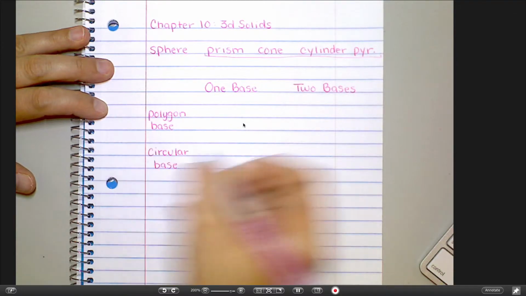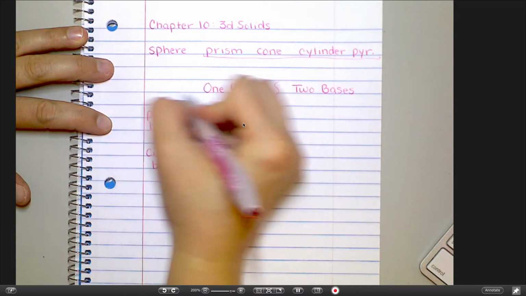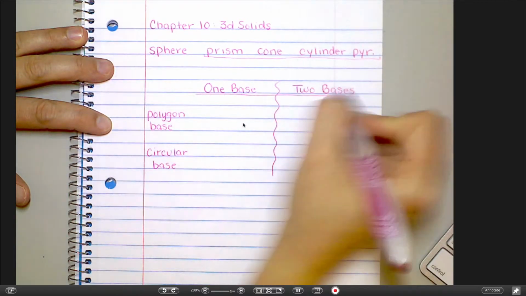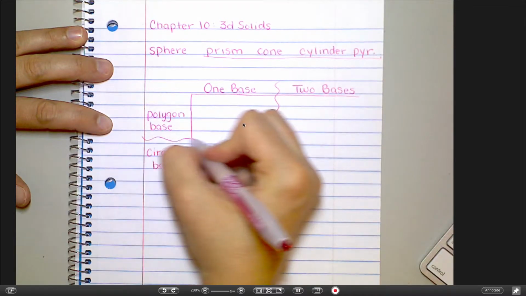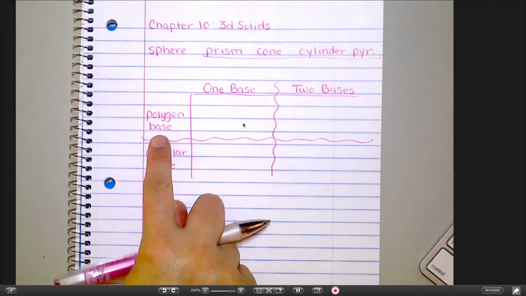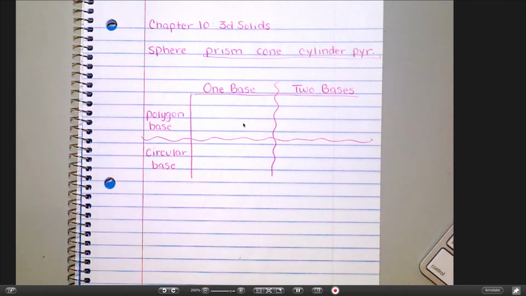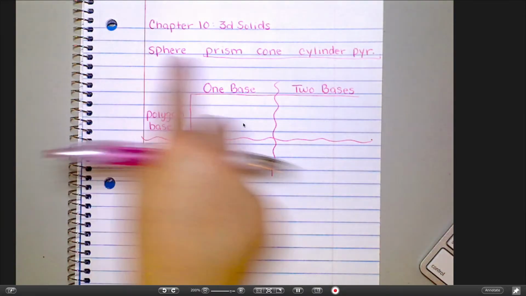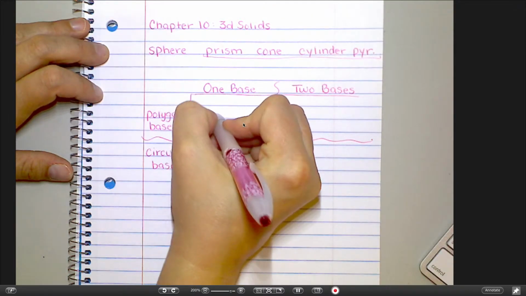So let's make ourselves a little chart here. 1 base, 2 bases. Polygon base, circular base. Which shape has 1 base that's a polygon, of these 4 up here? The pyramid, yep. So this is our pyramid.